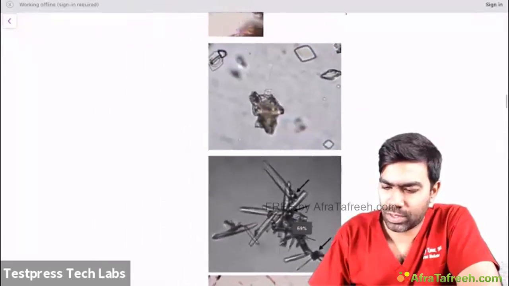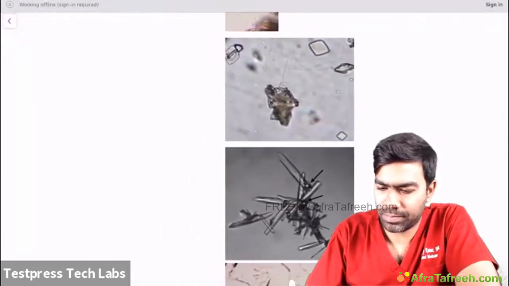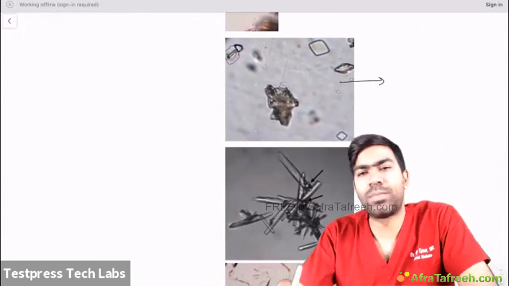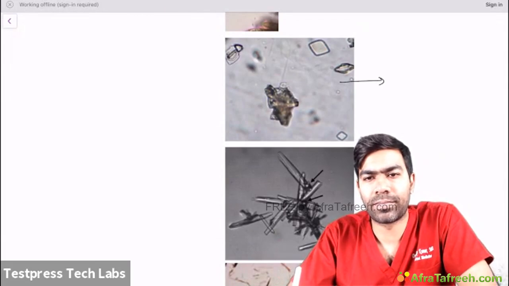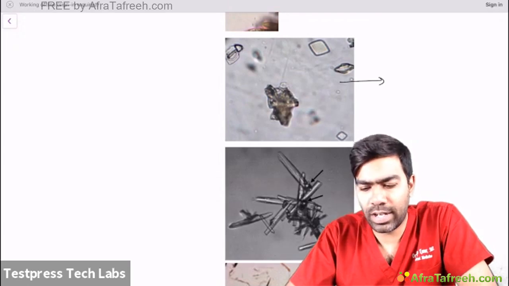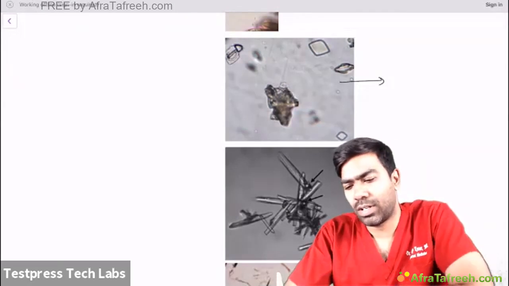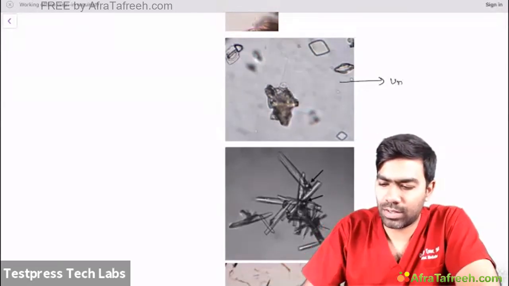Okay, fine. What is this crystal? This particular crystal that we are seeing. It's not indinavir basically. I mean, you are thinking about a starburst appearance here. No. This is actually a uric acid crystal, which we had not discussed.